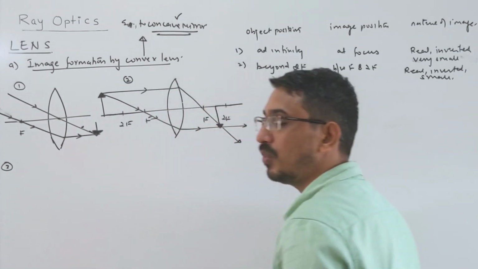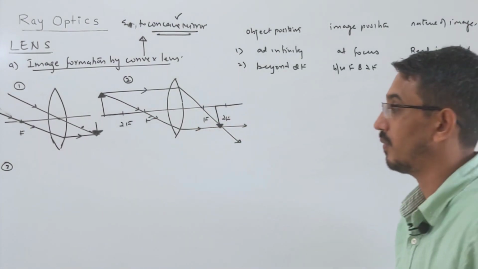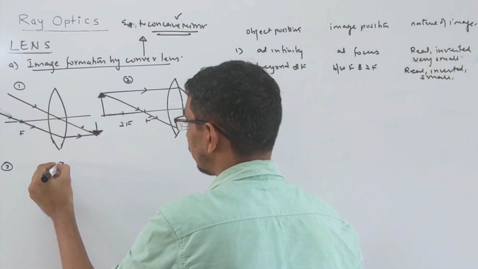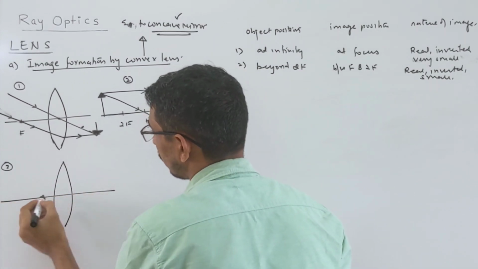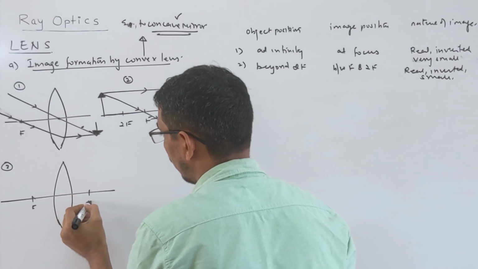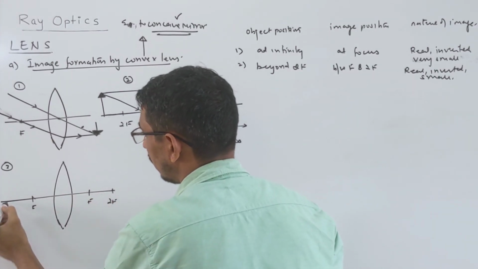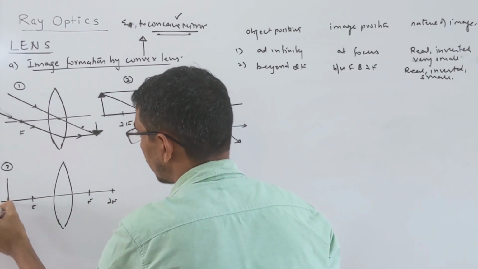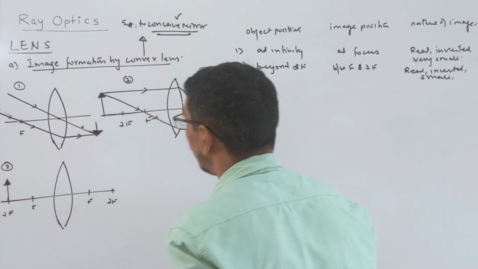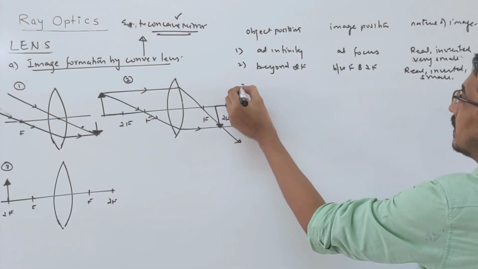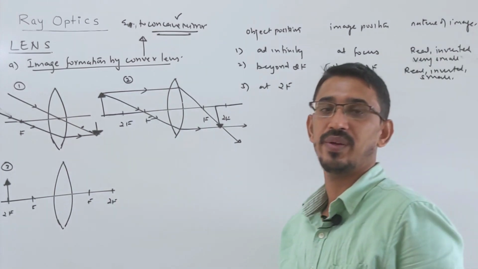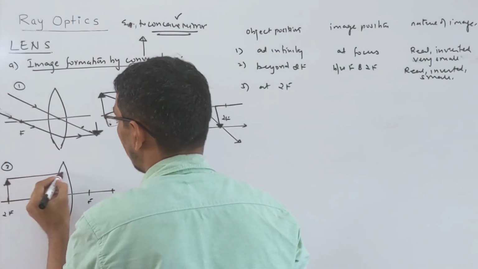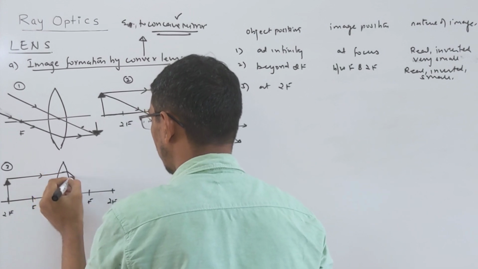Let's talk about the third case. Then you know that we'll put the object at what? At 2f. So let's put it at 2f. This is your lens. F, this is 2f. Say that's also 2f. The object is placed on 2f itself. You know the image is formed at what? 2f. How? One ray coming parallel passes through the focus.